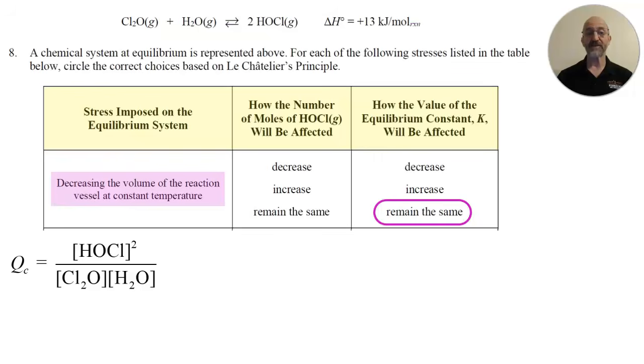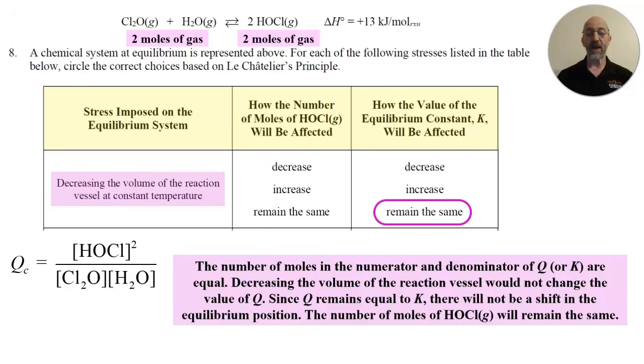I see 2 moles of gas on the left, and I see 2 moles of gas on the right, so there will not be a shift for this particular chemical equation. So what I'm saying is the following. The number of moles of gas in the numerator and denominator of the Q, or the K, are equal.